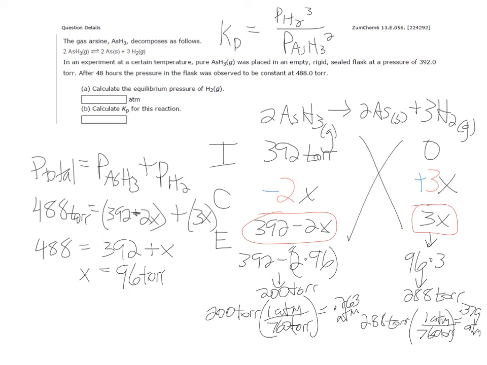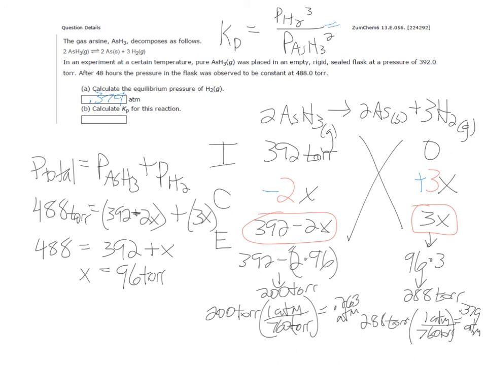So now we have the equilibrium pressures for each of the 2 gases, and they're simply going to ask us to calculate Kp. Oh, so we've already answered part A of the question. They wanted the equilibrium pressure of hydrogen in atmospheres, and it's 0.379.